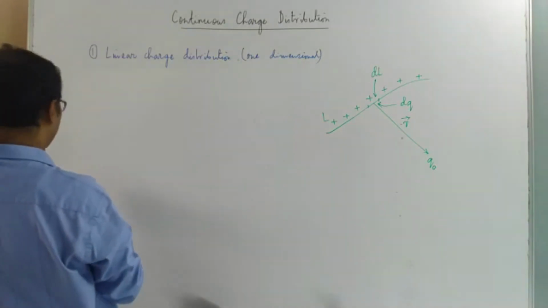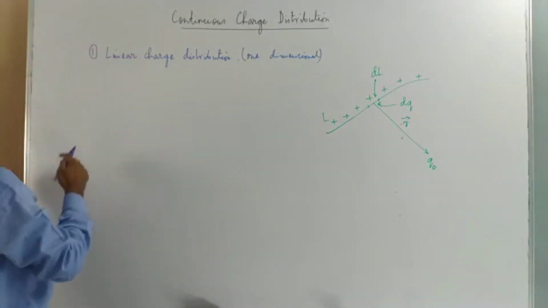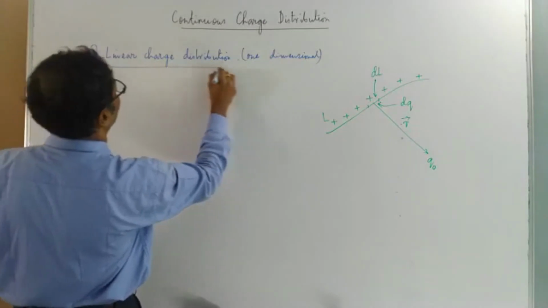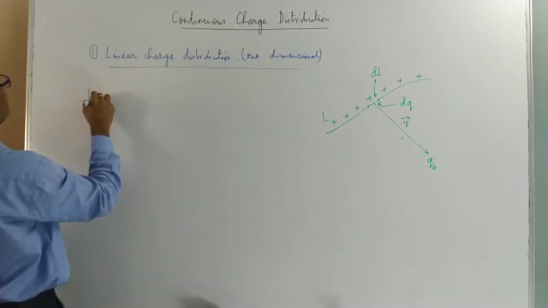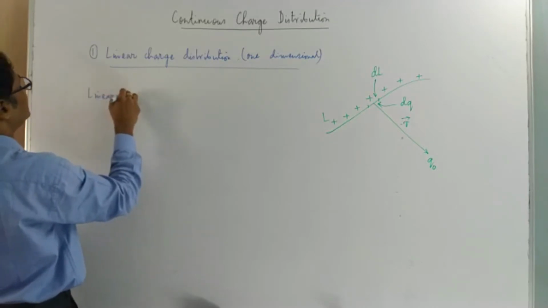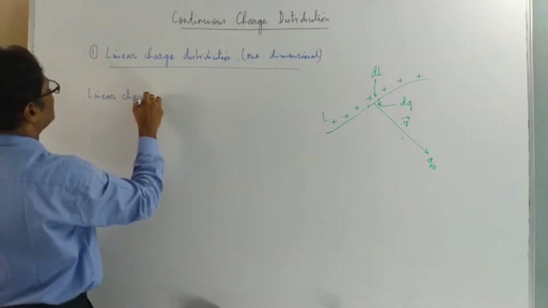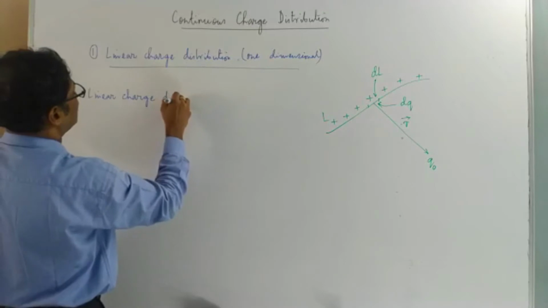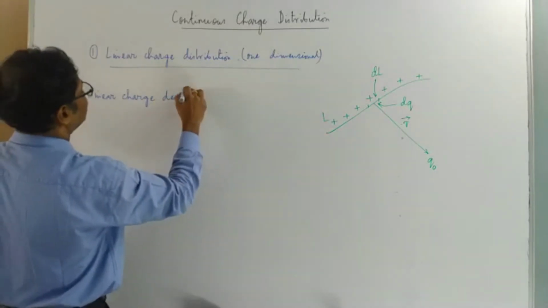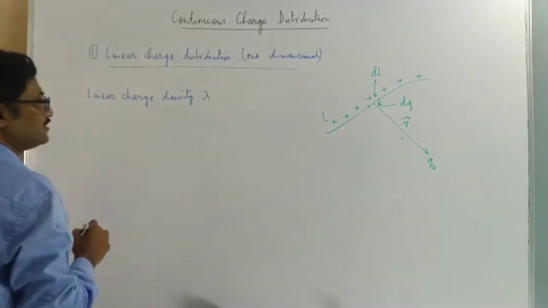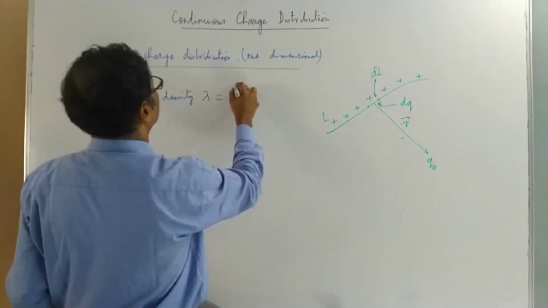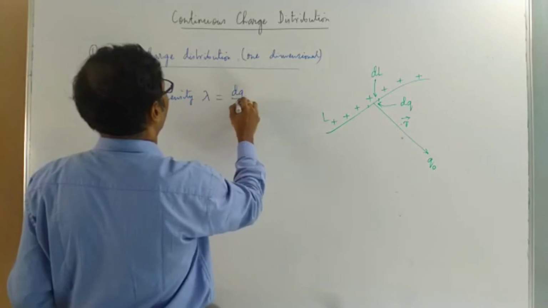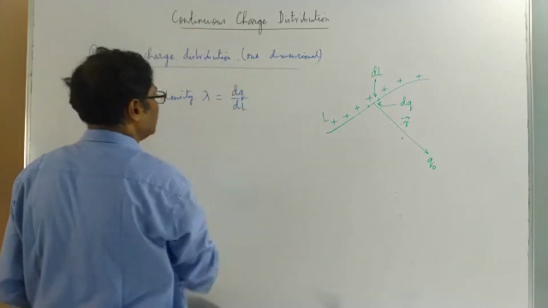When we consider linear charge distribution, we may define linear charge density as lambda. This lambda is equal to charge per unit length.